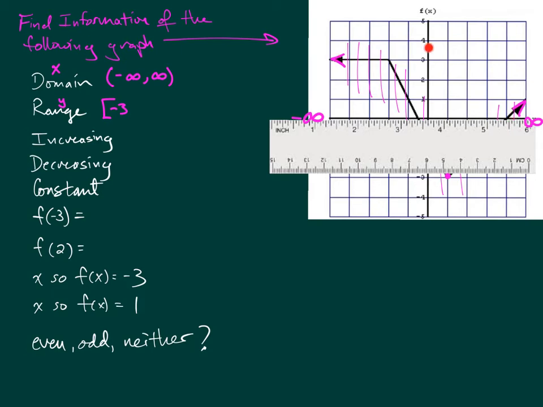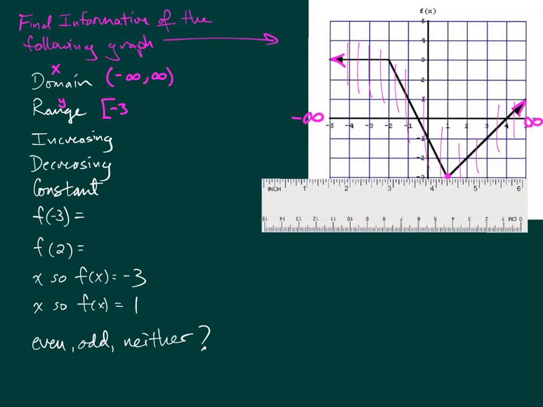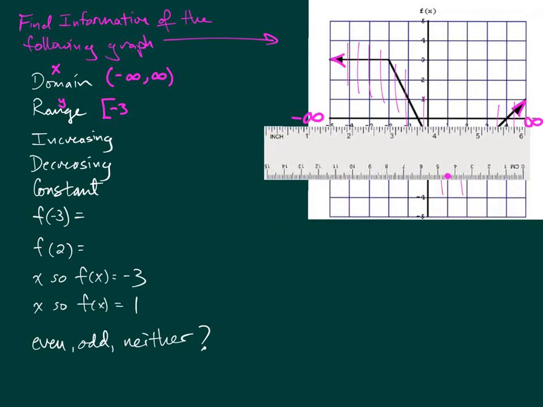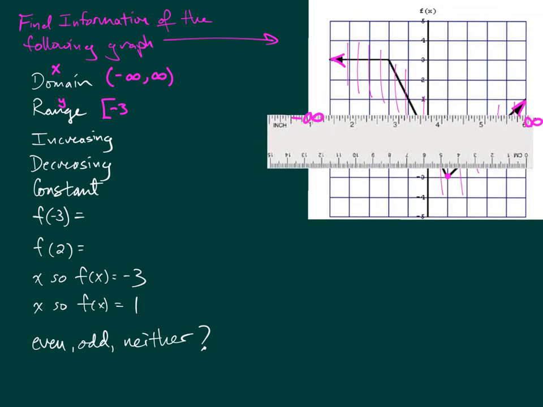So if this graph were big enough, eventually this graph would be above this portion over here. So while we would start with the range at -3, when we get to this point right here for the right arrow, it goes up forever. So the top portion of this range would be infinity, up forever.